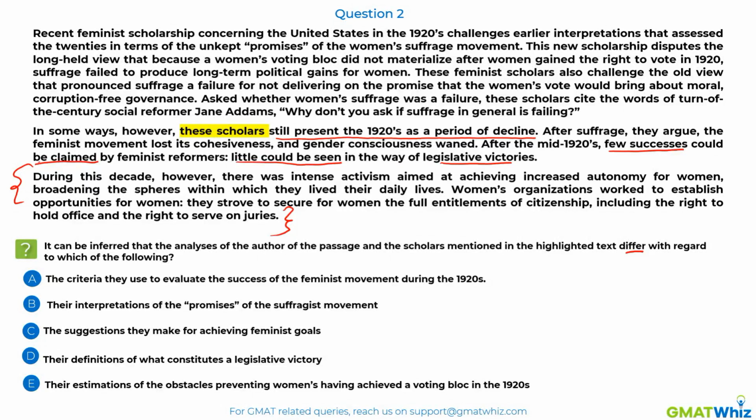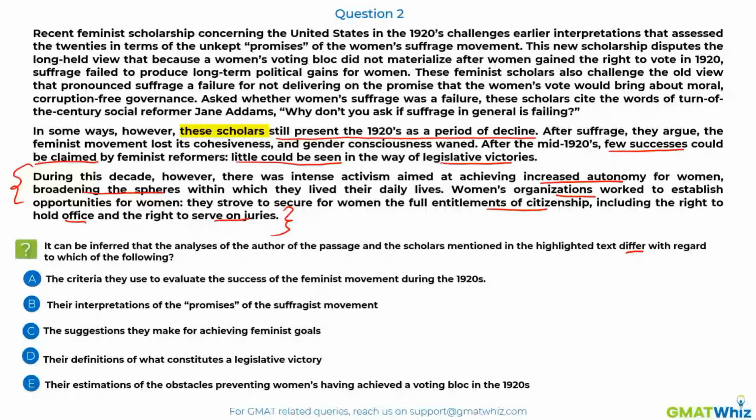For example, the author does believe that there was increased autonomy for women. There was a broadening of the spheres within which they lived their lives. There were organizations at work. Women got full entitlements of citizenship, right to hold office, right to serve on a jury. So if you remember the previous question, we were talking about how much did it decline and how much did it achieve.